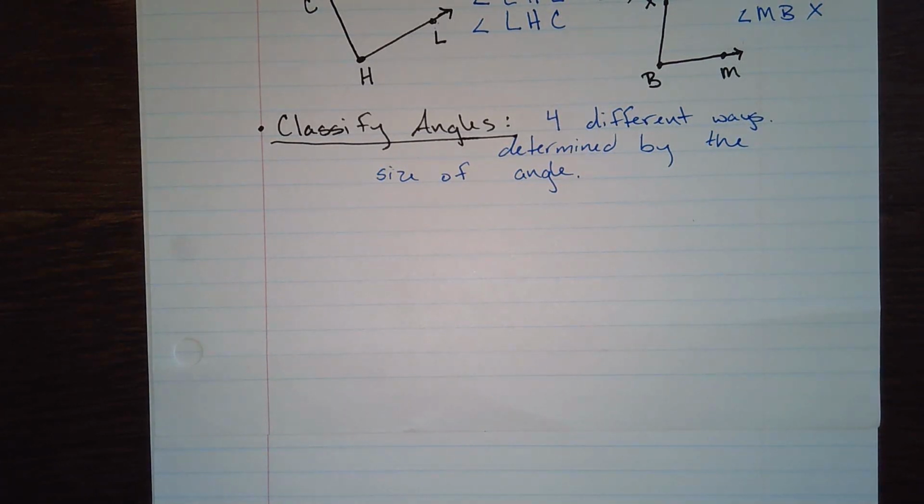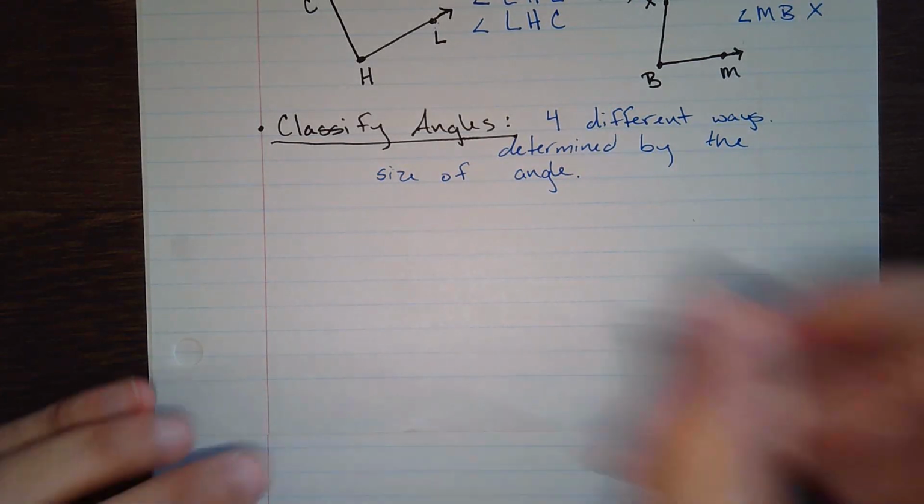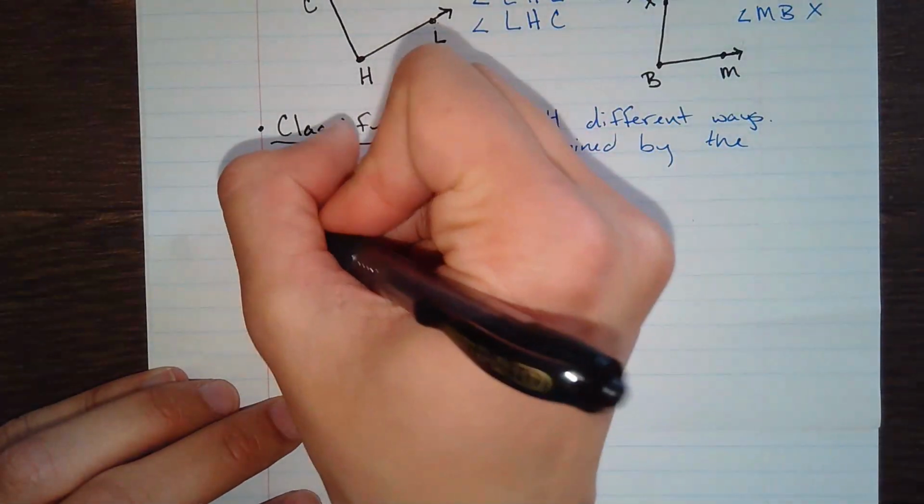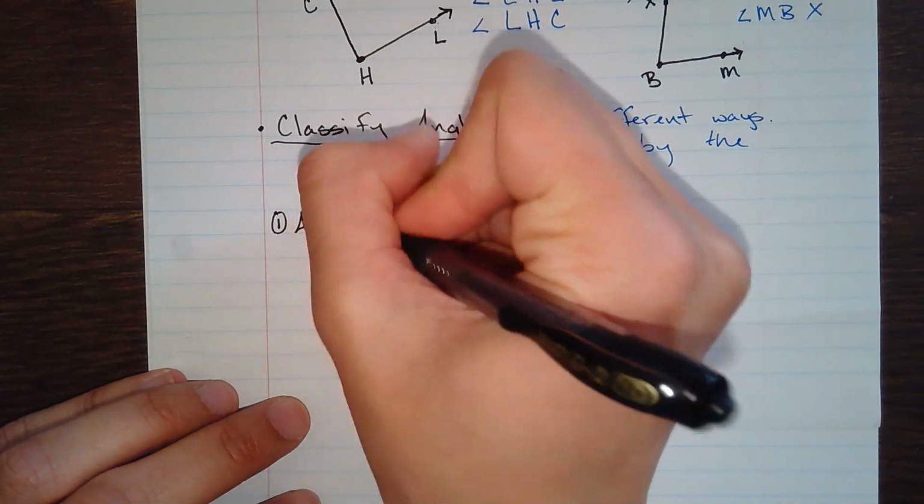Right, so when we talk about the size of an angle, we always talk about angles in something known as degrees. So it'll always be some number in degrees, and that's what we're going to use in order to classify them. So the first way that we could classify an angle is acute.